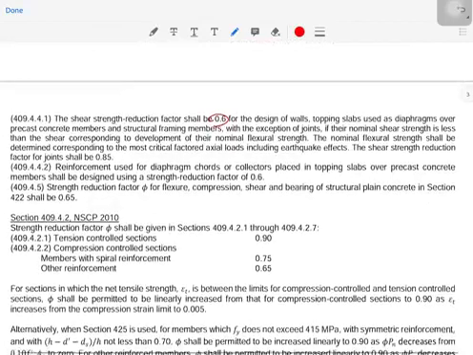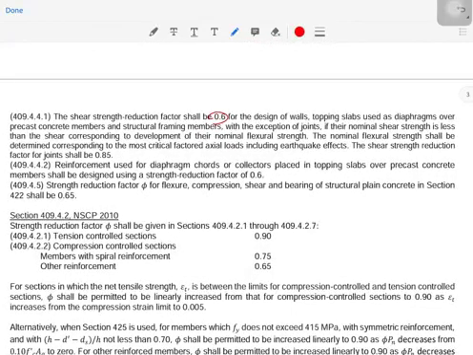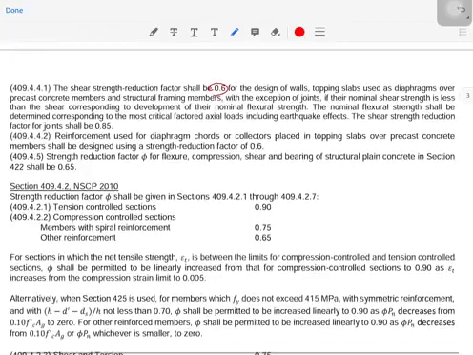if their nominal shear strength is less than the shear corresponding to the development of their nominal flexural strength.